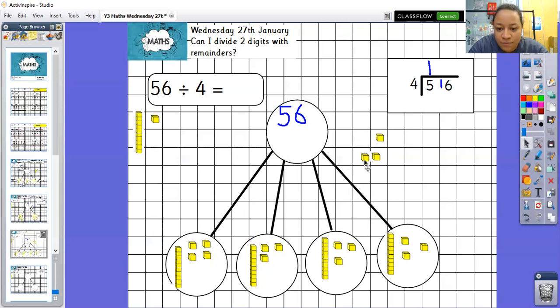Although I think this one's going to be able to share very equally. So let's have a little look. Yes, it did. So can you spot how many are in each of the parts? It is 1 ten and 4 ones, which makes 14. And then if we're just looking at our ones here, so the 16 ones, there was 4 in each. And so that makes 14 up here too.